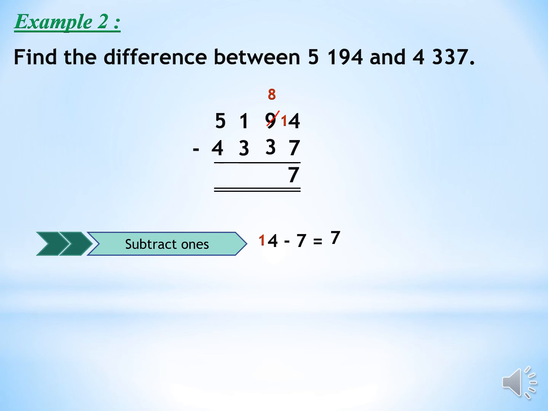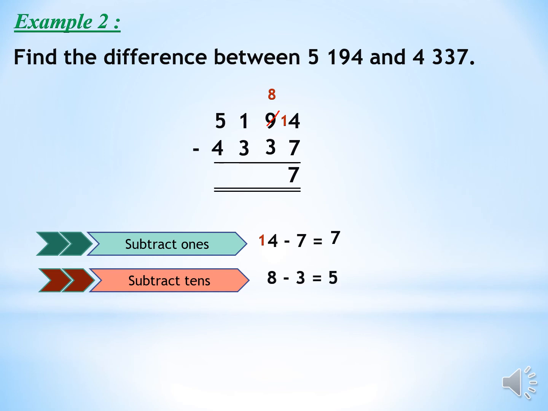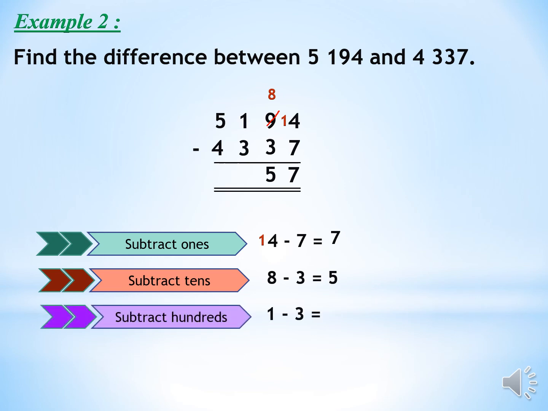Now subtract the tens. Tell me children, do we have to subtract 3 from 9 or 8? Yes, we should subtract 3 from 8. 8 subtract 3 is 5. Then subtract hundreds. Again, 1 subtract 3. No. Then we borrow 1 from thousands place.